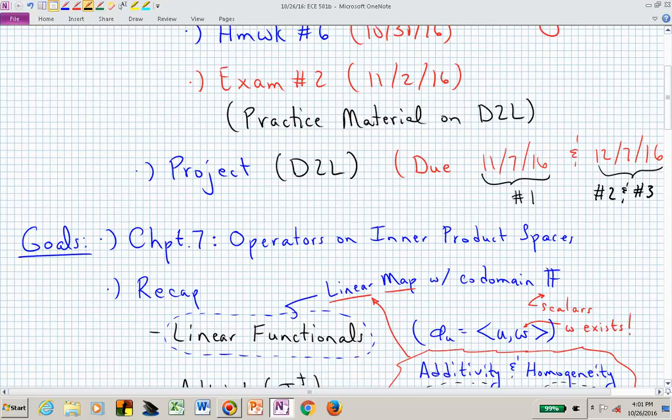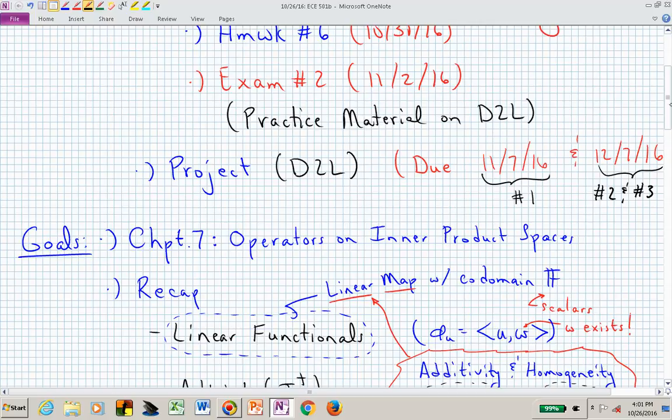Deliverable number 1 is really just a communication between you and I about what you want to do for project 1 and an approval, so to speak, and then deliverable number 2 is the main part of your project. Deliverable number 3 is a reflective paragraph on what you learned or how you benefited from the project.